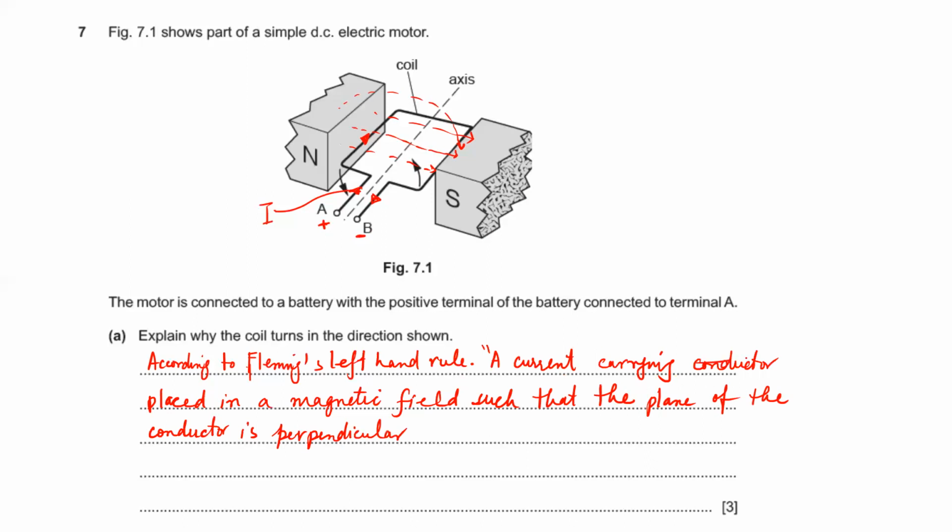It's good to write a current carrying loop slash coil slash conductor. Okay, plane is perpendicular to the magnetic field.